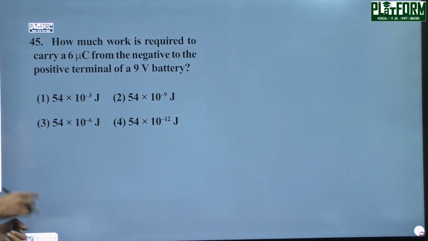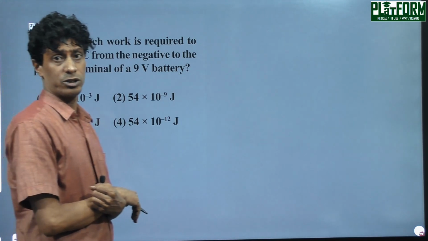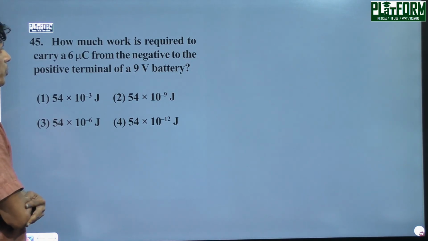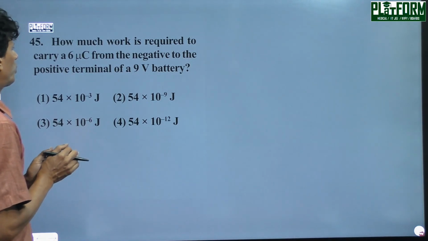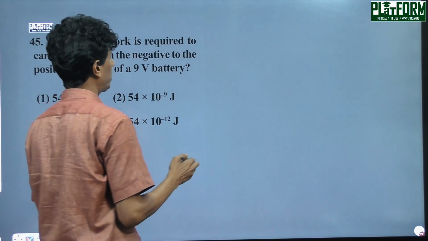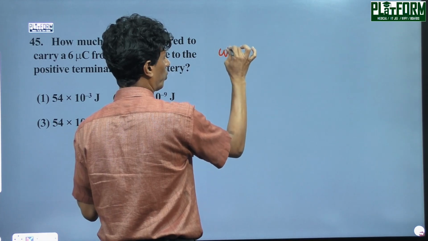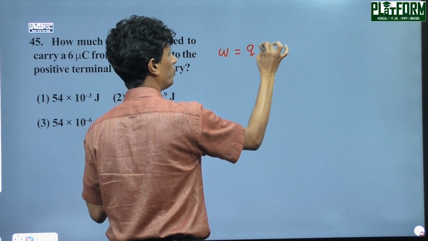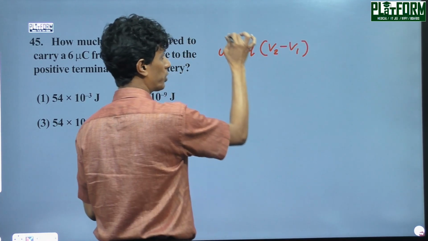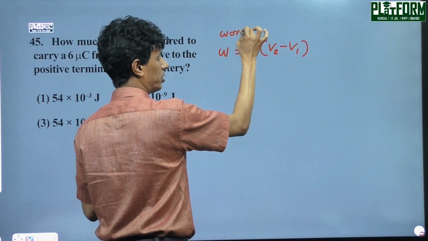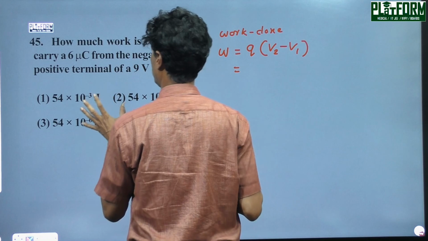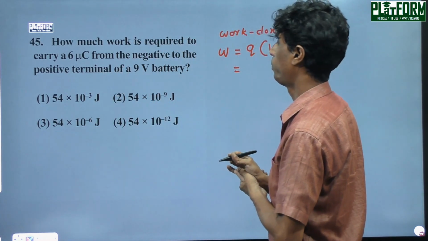Next problem. How much work is required to carry a 6 microcoulomb charge from the negative to the positive terminal of a 9-volt battery? It is a simple question. Work done is equal to Q into V2 minus V1, that is charge into potential difference.